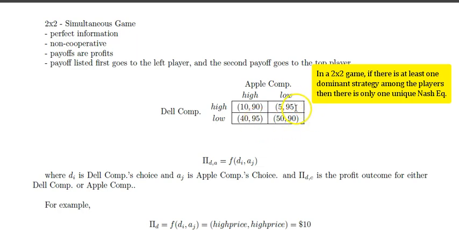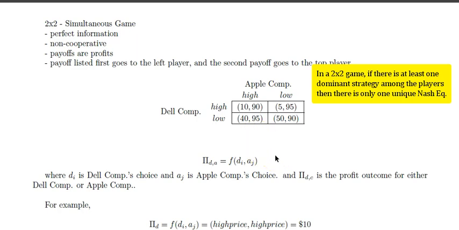And if we check this, we would see that clearly when Apple Computers picked low, Dell would much prefer to pick low than to pick high. So we can see that the only outcome of the game where neither player, if they take that opponent's decision into consideration, wishes to deviate from the strategy. That's another clue that this is the Nash equilibrium.